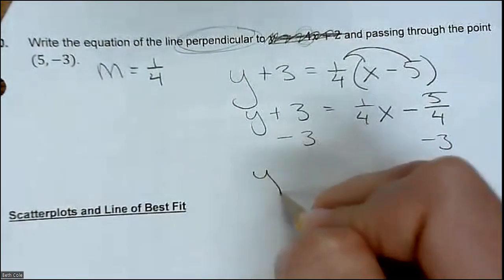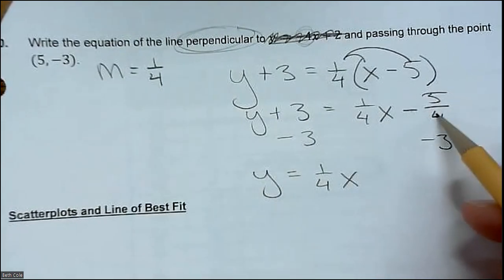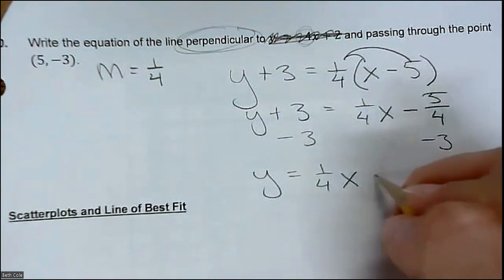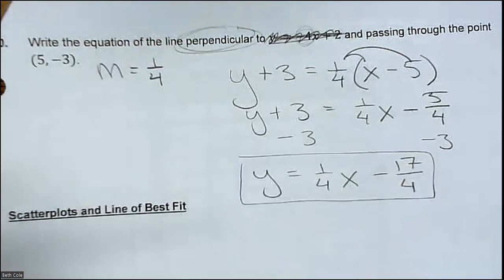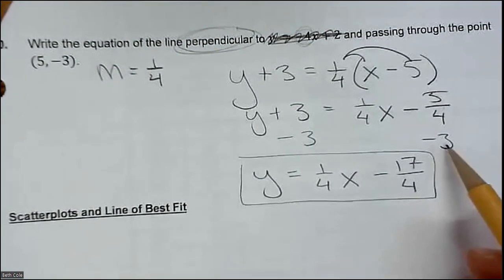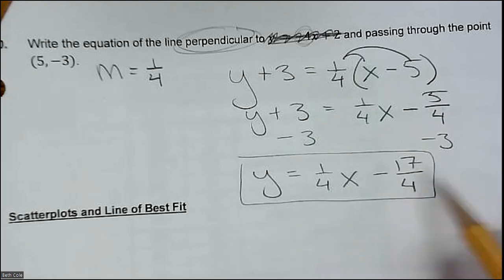And again, I'm going to be your calculator here. You would type in the calculator -5/4 minus 3. It's going to be minus 17/4. Oh, it's just 12. Did you see what I did there? Because 3 is 12/4. So 5/4 and 12/4, 17/4.